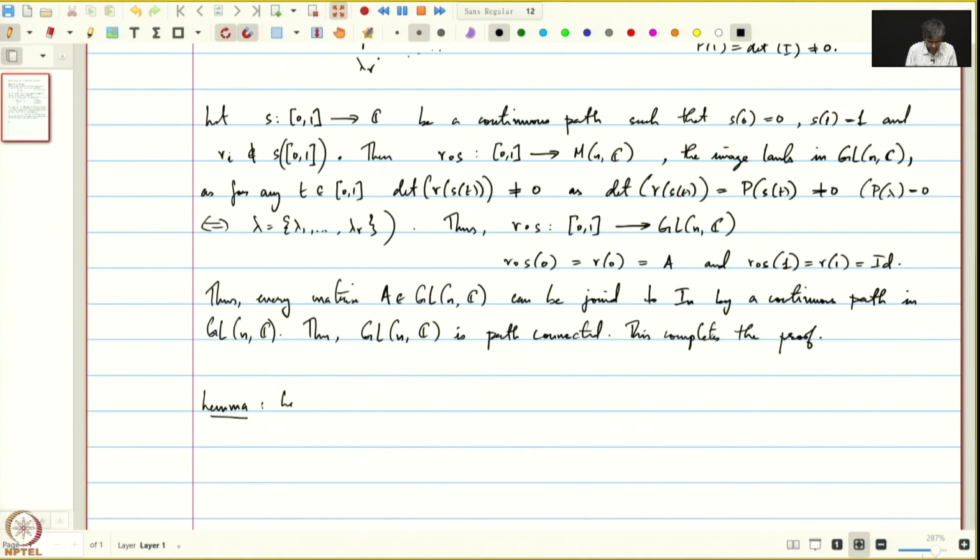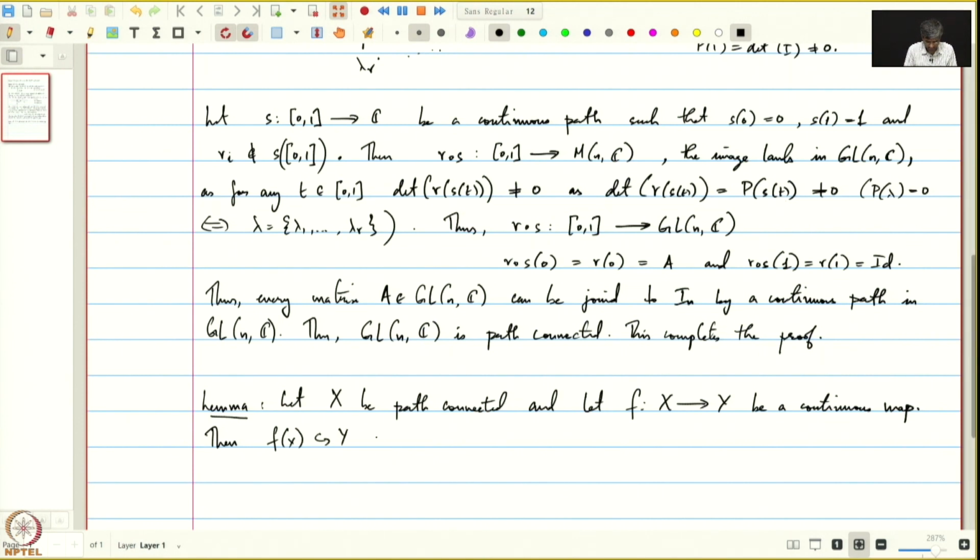So, lemma: let X be path connected and let f from X to Y be a continuous map. Okay, so then f(X) contained in Y with the subspace topology is path connected.